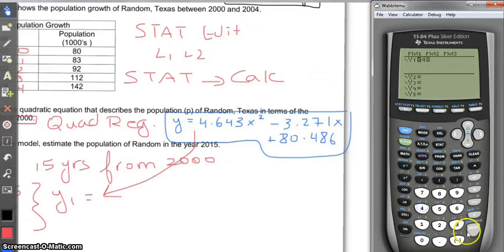It's going to be 4.643 x squared minus 3.271. There's a shortcut to copy this. I'll show you the shortcut in a minute. And plus 80, but I know there's a lot of calculator steps, so I don't want to show you just another trick on the calculator.